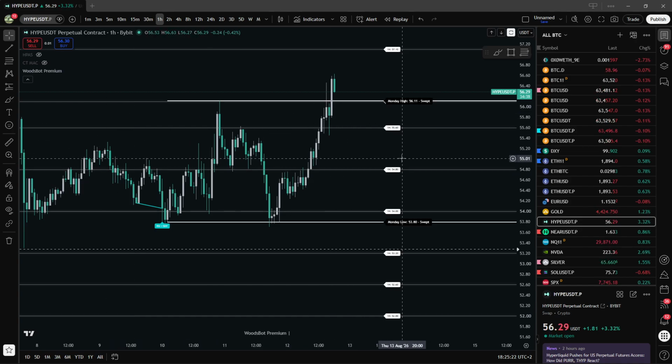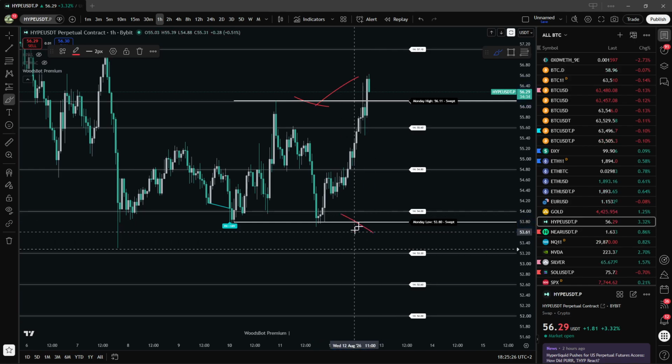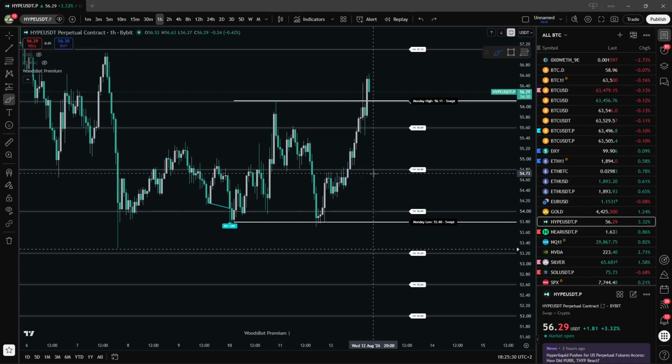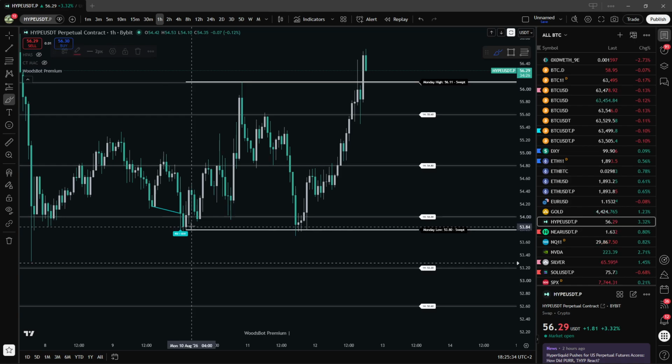If you look at the Monday range, you have the high right here, and you have the low right here. And this was so nasty. You see how this was the Monday range right here, the Monday range low.